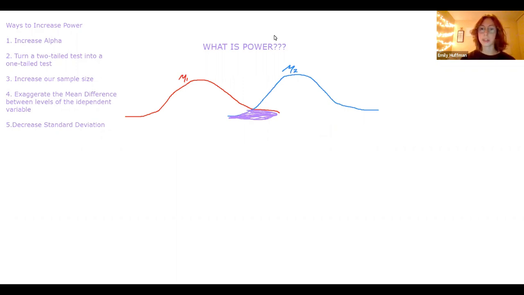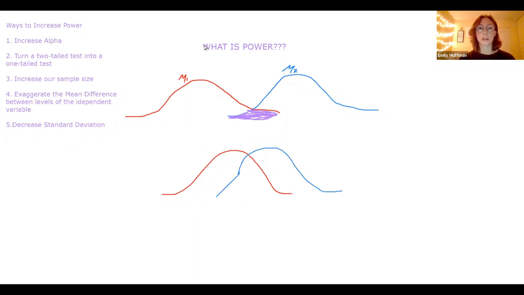Now, let's say that this situation is a little different. We have our first population, and now we have our second population, and these have a little bit more of an overlap.